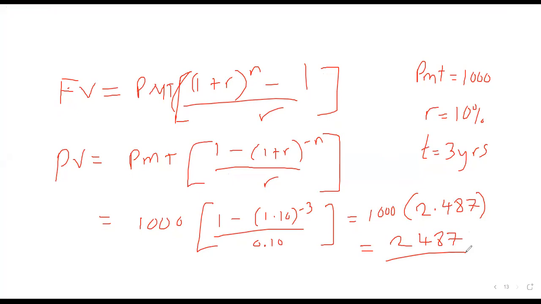Very important. It is because of the present value annuity that we understand what is called loan amortization. To amortize a loan is simply to make a payment plan. How am I going to pay back this loan?